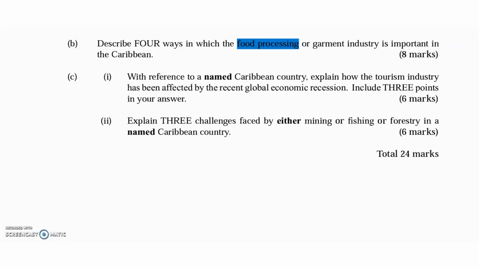When we are talking about food security, if you are producing as a Caribbean country, it would actually reduce your expenses as it relates to imports. If you are producing, your expenses for importation of food would diminish.